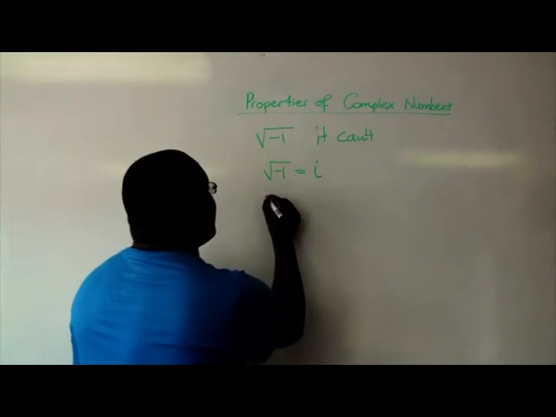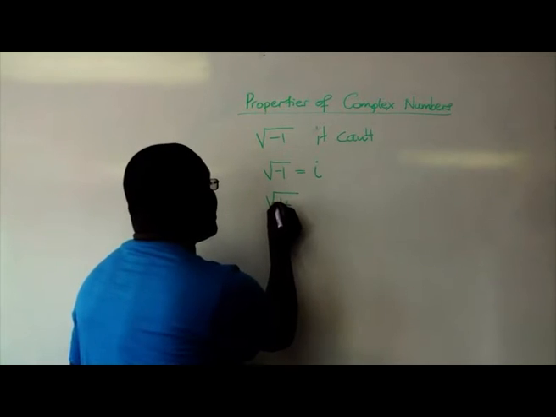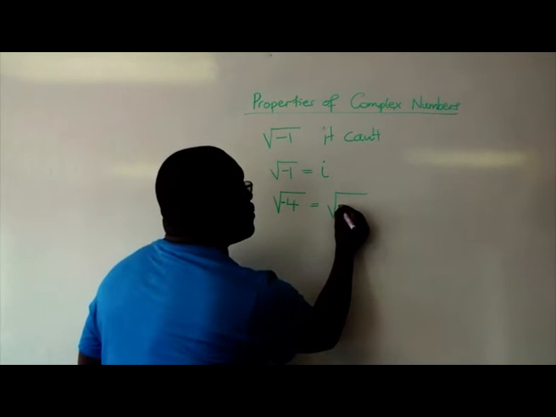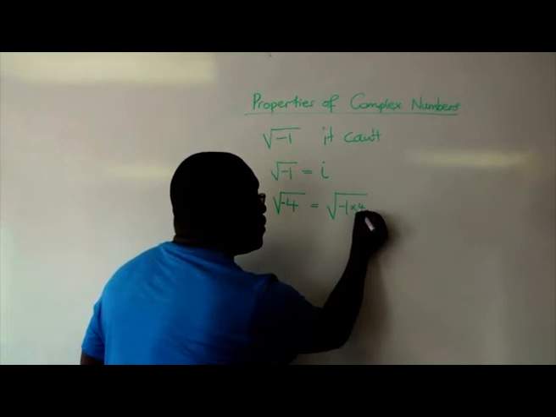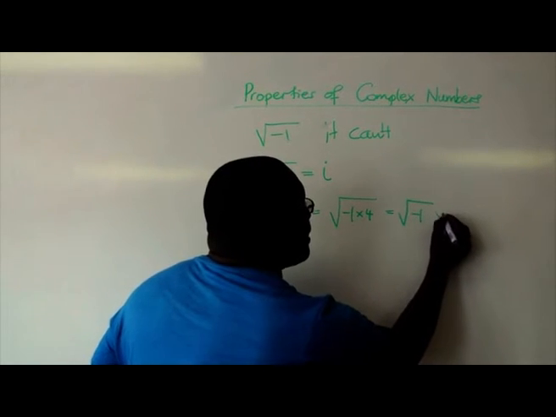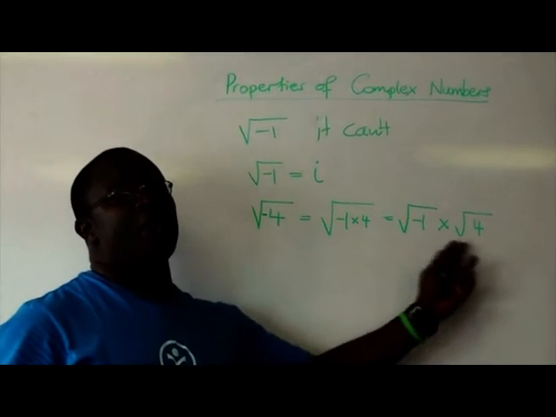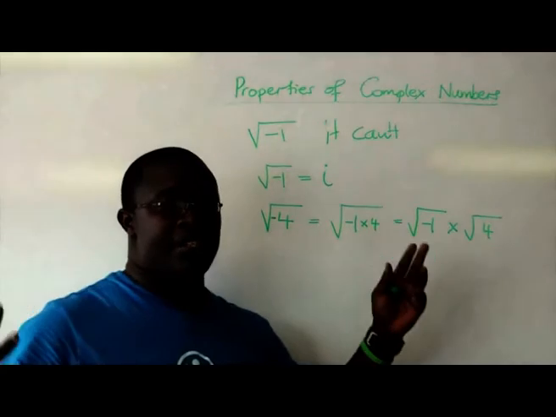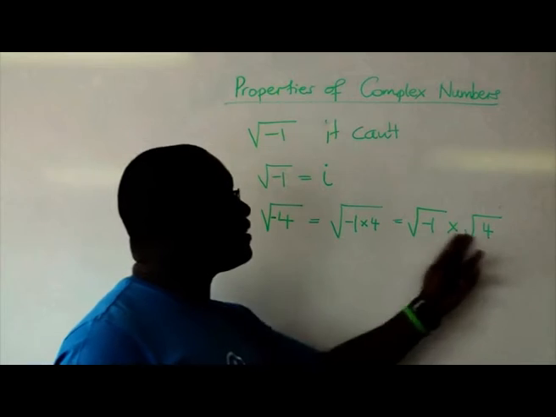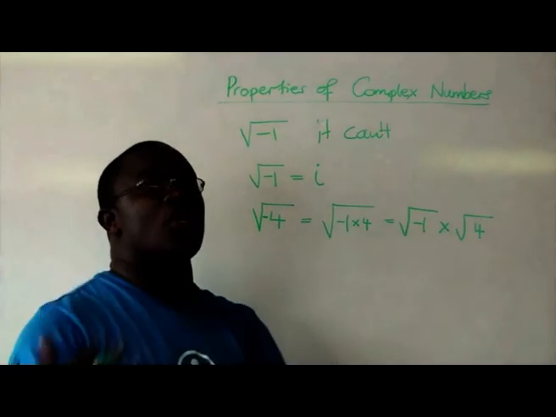So that means that if we're saying the square root of -4, it is equal to the square root of -1 times 4, which is the same as the square root of -1 times the square root of 4. If you look at your laws of exponents, or laws of surds, you'll see that this makes sense. You can split because of the multiplication, but we'll look at that when we cover laws of exponents.